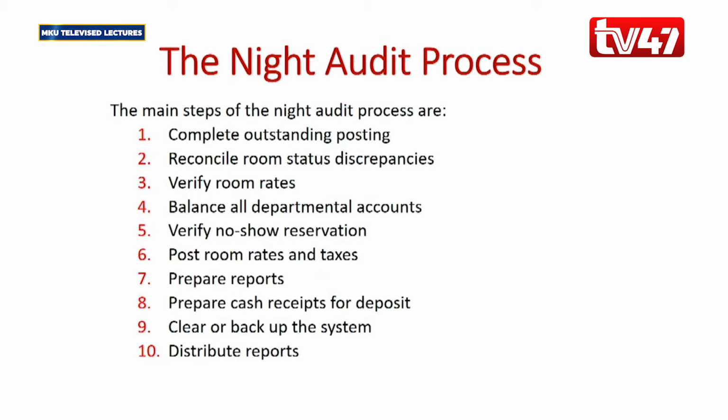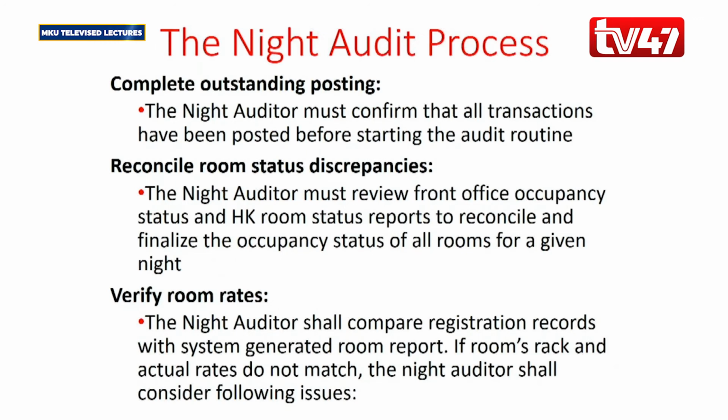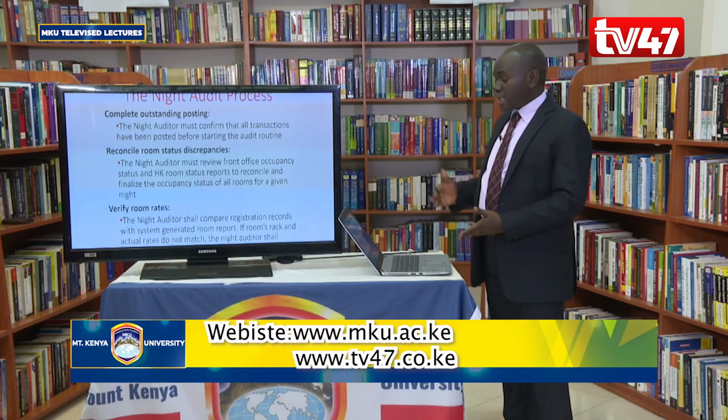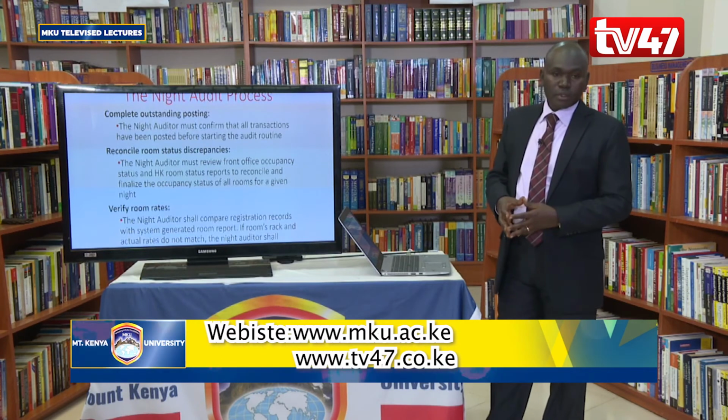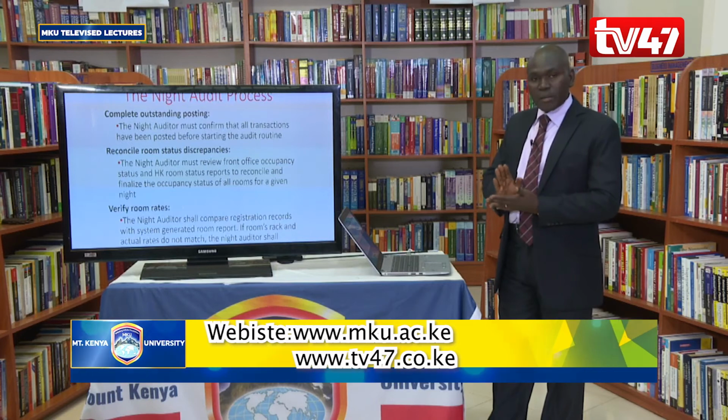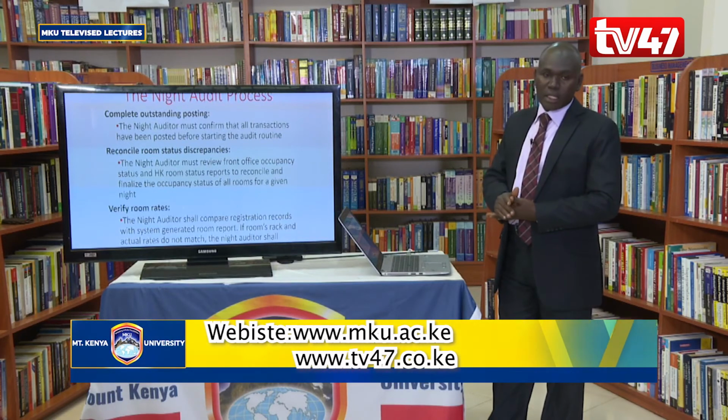So the process itself is made up of 10 main steps, and we are going to go through each one of them. Now, the first step is completing the outstanding postings. We expect that at the point when the night auditor takes over their duties at around 11 at night, all the outlets will present their summaries for the previous day, giving the transactional summaries and all the supporting documents that they have.